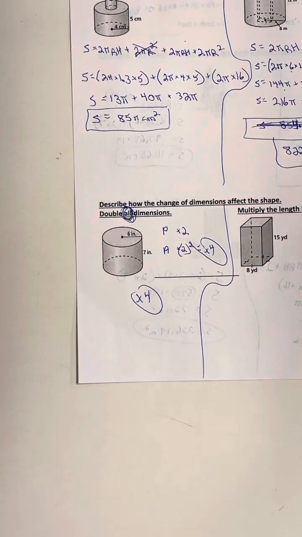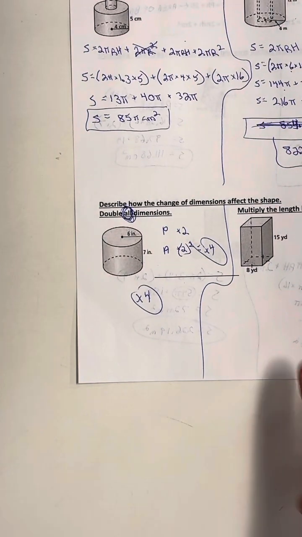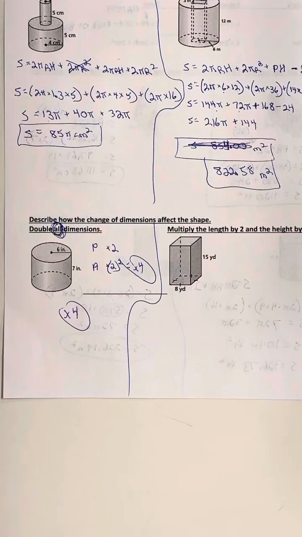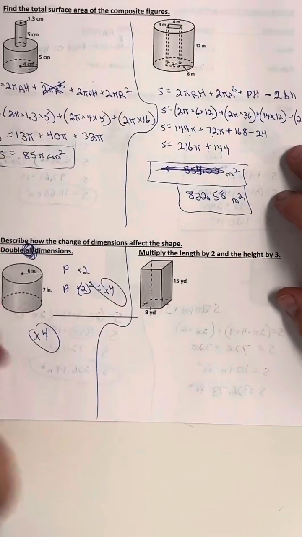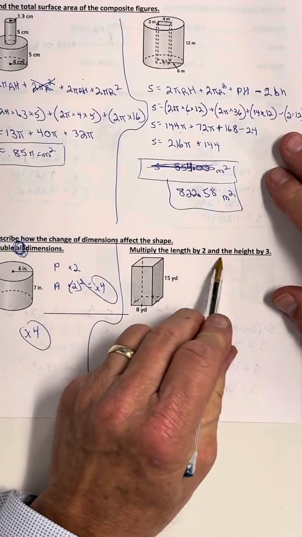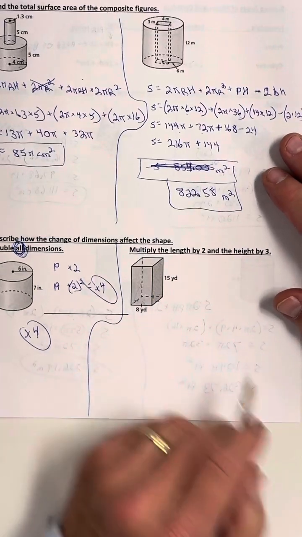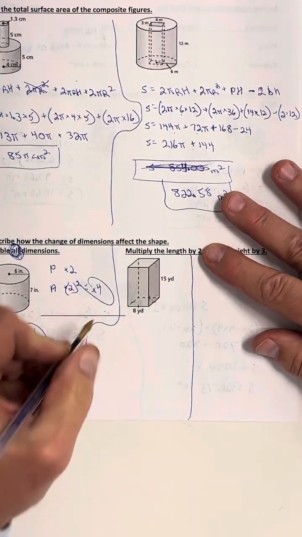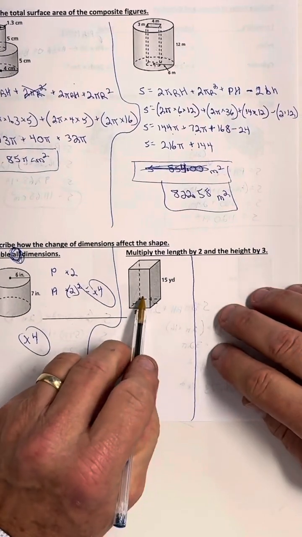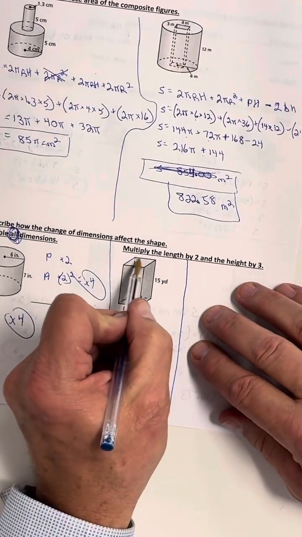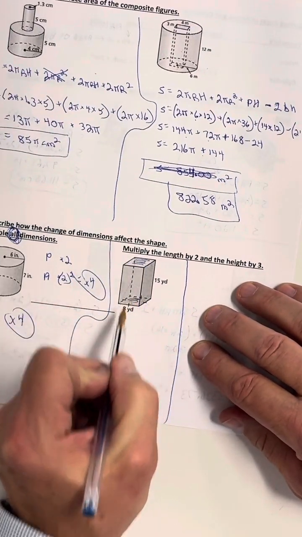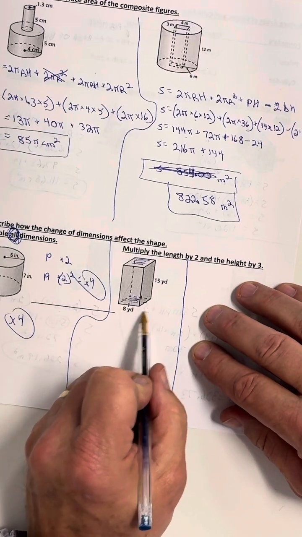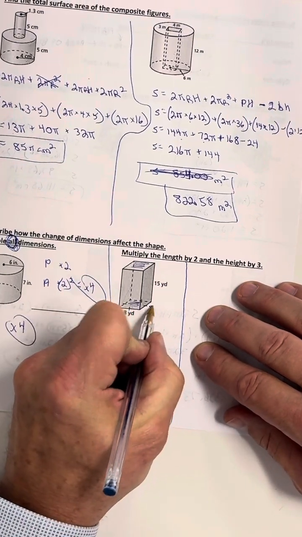Now, the hard one. This is the last problem, and then we'll shut it down here. Multiplying the length by 2 and the height by 3. So I know this is harder because of what it is. So what I have to do is work out two problems. The first problem is to find the total surface area of this rectangular prism. There's the base, there's the base. This is 8, and so is this, because the little hash marks tell me.